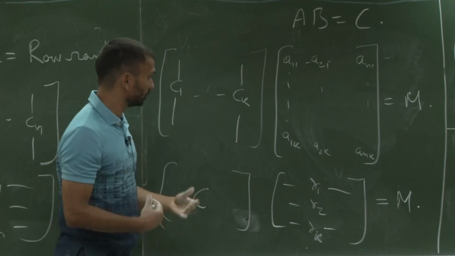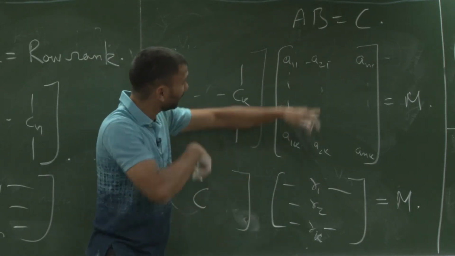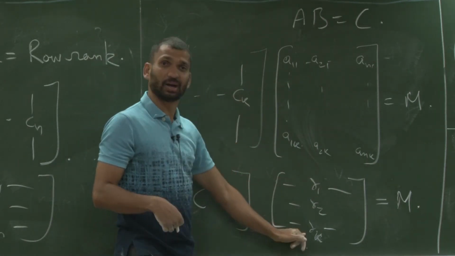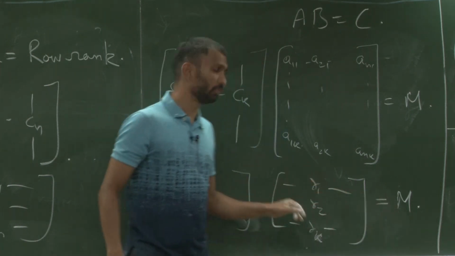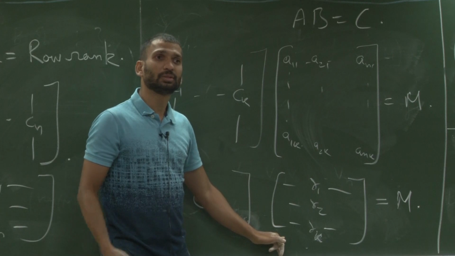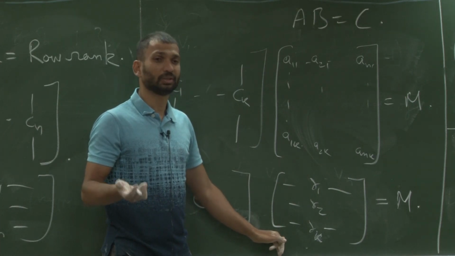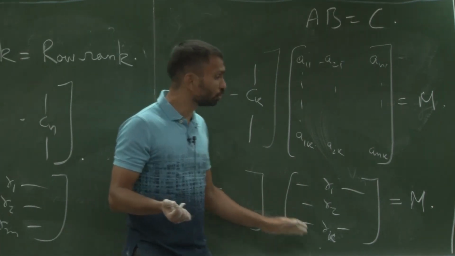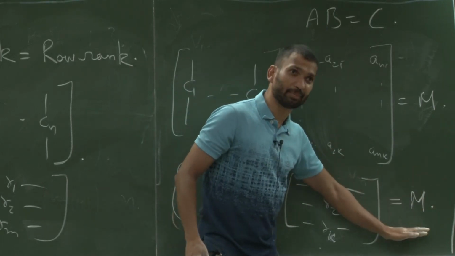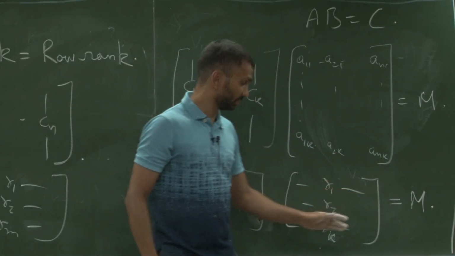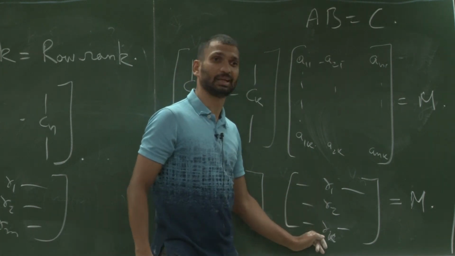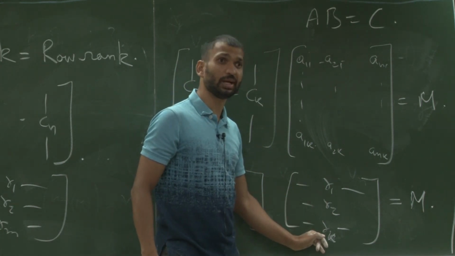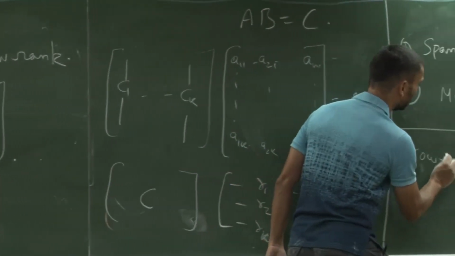Okay? So then, I just think of them as k rows, and I see that every row in M can be written down in terms of k vectors. If you can show that every row can be represented in terms of k vectors, what does this show about row rank?